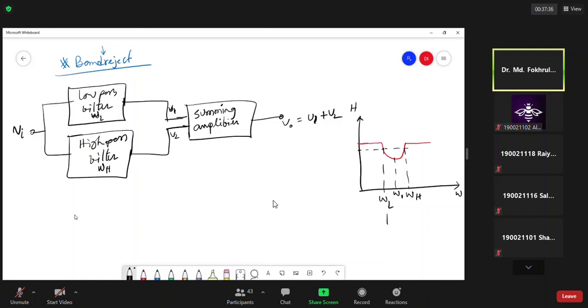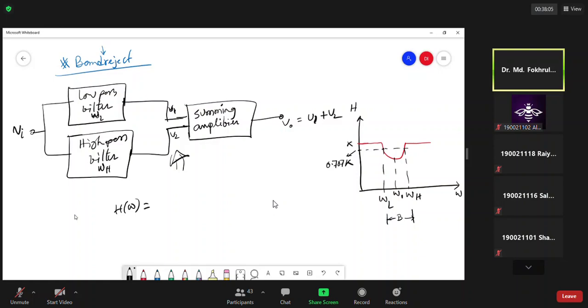The stop band is this one, B, and the pass band is the rest. If the gain is K, then the corresponding value here is 0.707 K, the 3 dB magnitude.